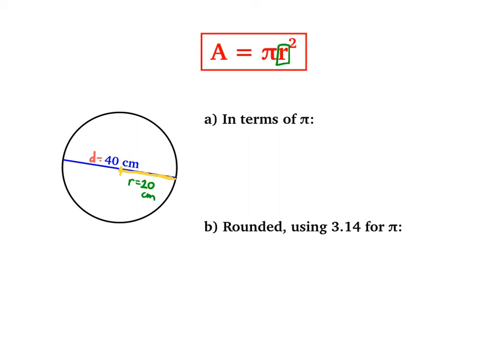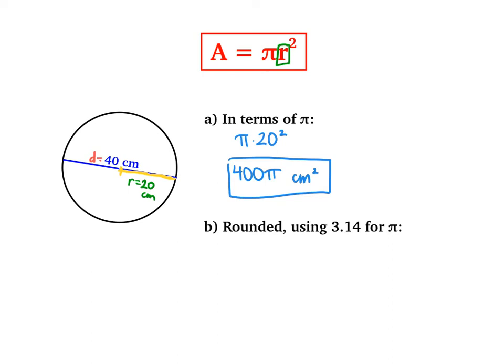So in terms of pi would come from doing pi times 20 squared. Notice I used 20 and not 40. And 20 squared is 400. So in this particular example, the answer in terms of pi would be 400 pi centimeters squared. That 400 coming from my radius, not my diameter.